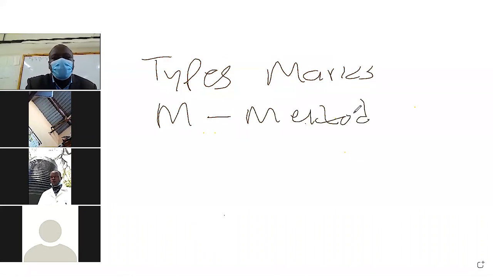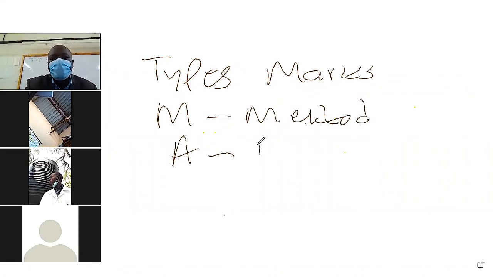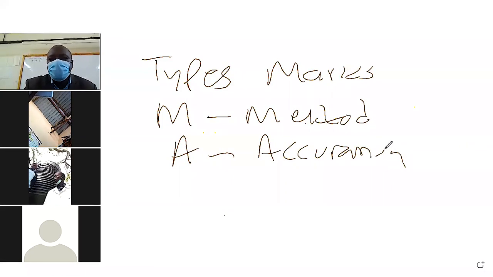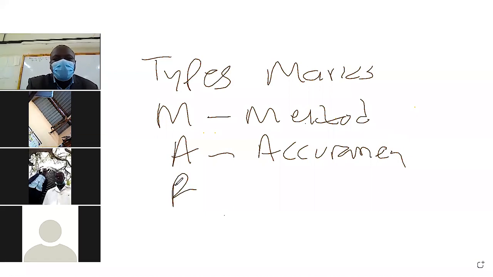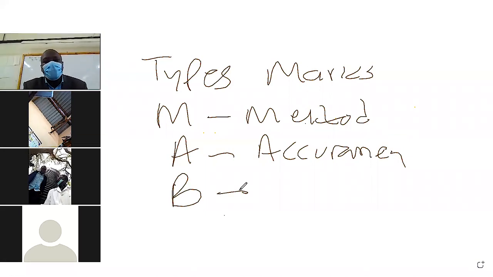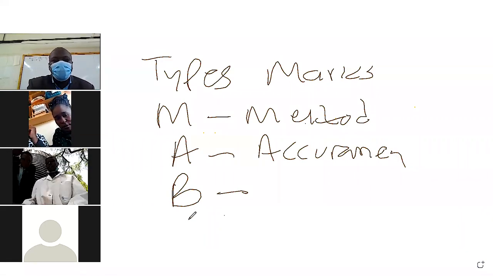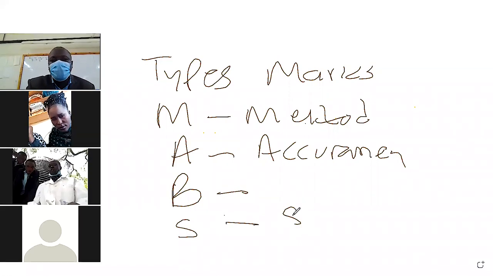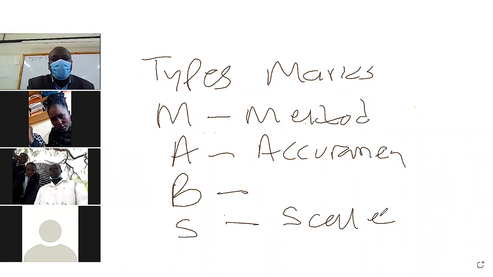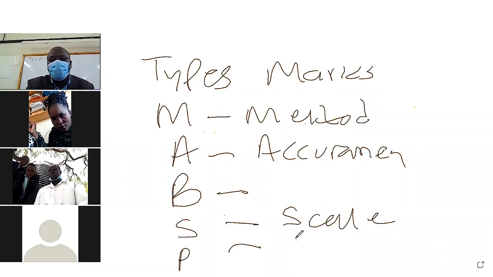And then we've got A, which is normally the accuracy mark. And then we've got another mark which combines the method and the accuracy, which is a B mark. When it goes to the graphs, we've got S, which is for scale. Then we've got P, which is for plotting.